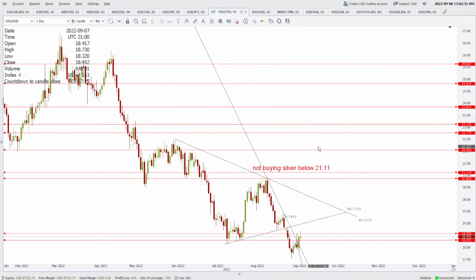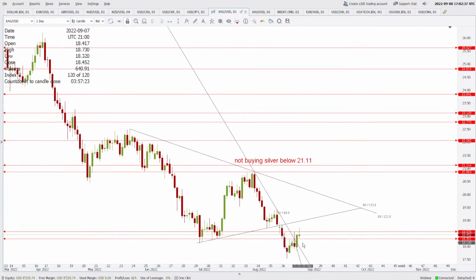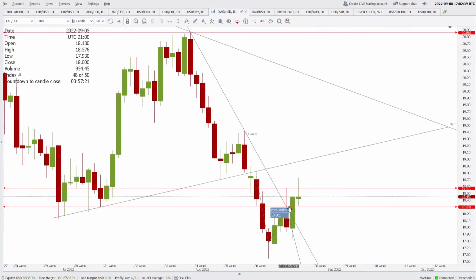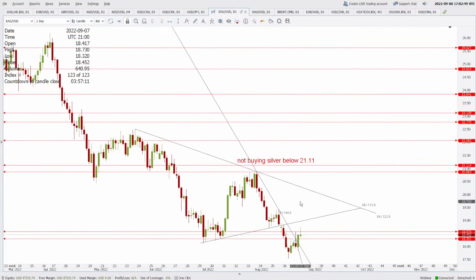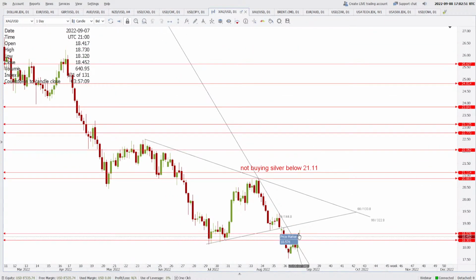Okay, so somebody was talking about the 18.30 area. Since 18.30 failed, and it failed at 18.57, this became our new level, and now this level is acting as resistance when the price is going up here. But this was mainly because of the weak dollar yesterday, that silver had risen against it.